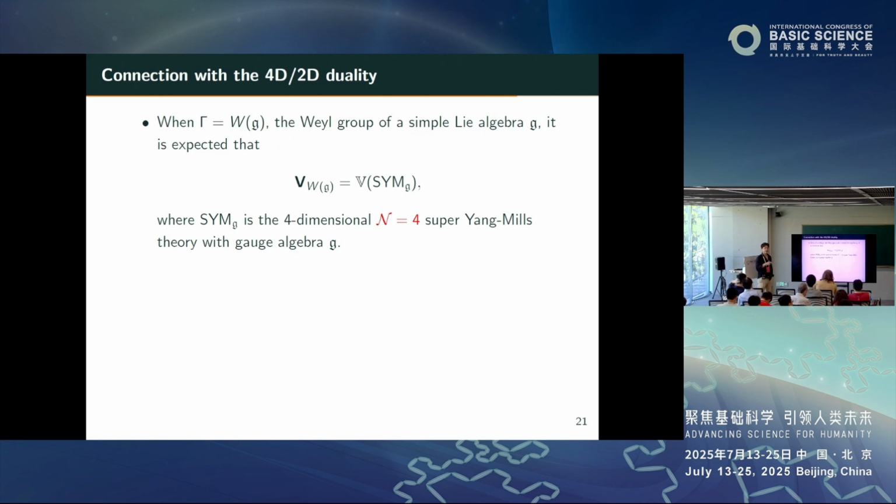But if it has N=4 supersymmetry, then the resulting vertex algebra has extra supersymmetry, so that this becomes a vertex superalgebra. And it's known that the Higgs branch of this super-Yang-Mills theory is isomorphic to the symplectic singularity associated with the complex reflection group, of this Weyl group.